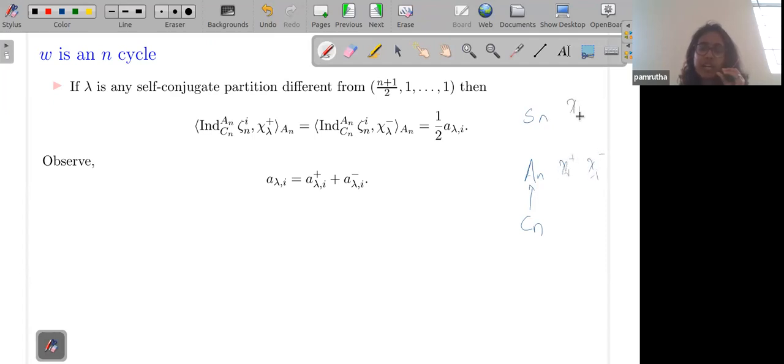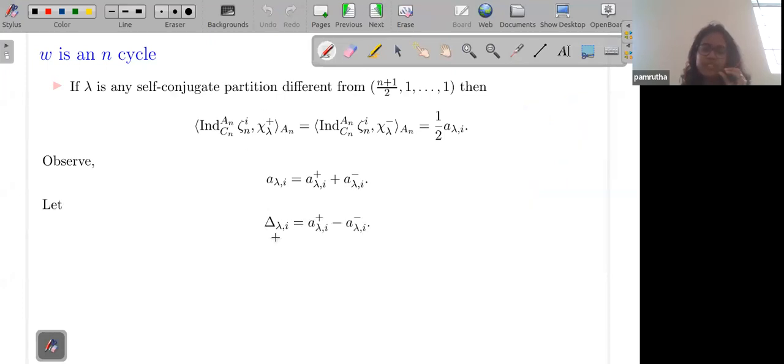Since induction is associative, a lambda I can be written as the sum of the two multiplicities, a lambda I plus and a lambda I minus.